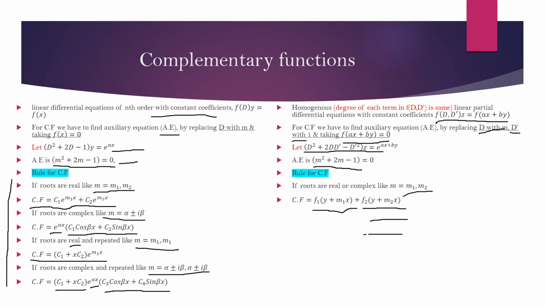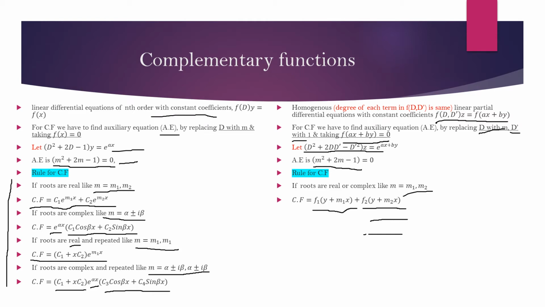Now we are going to study the third type of CF which you have in your syllabus, that is for the non-homogeneous linear partial differential equation with constant coefficients. Non-homogeneous means that on the left side of the equation, each part does not have equal degree in terms of D and D dash.